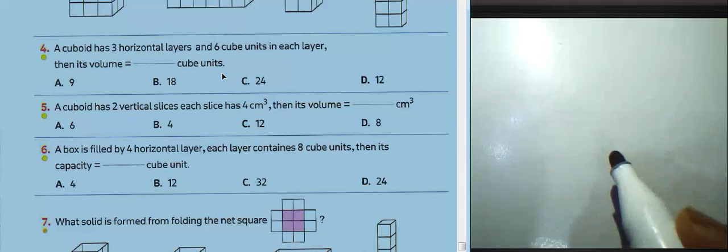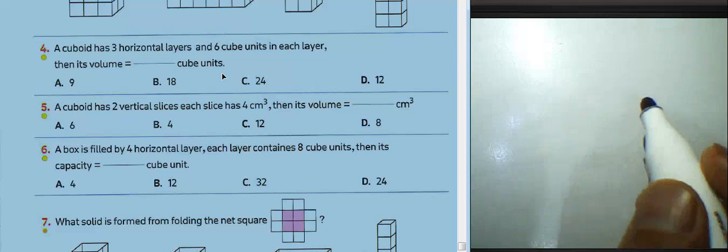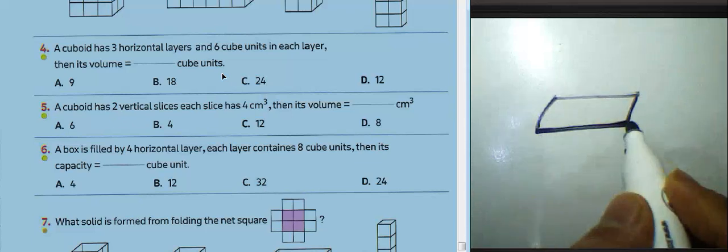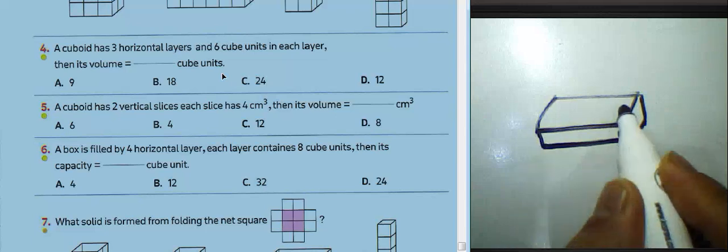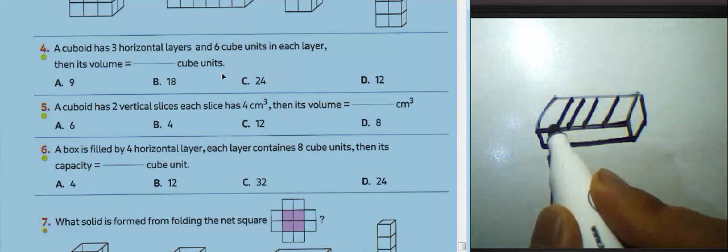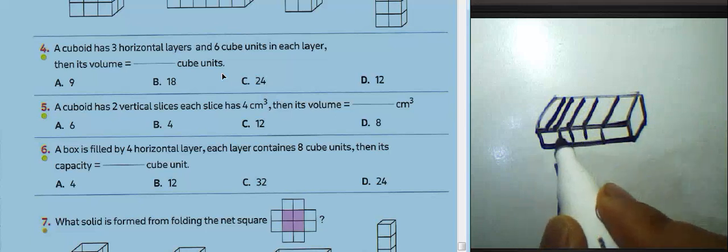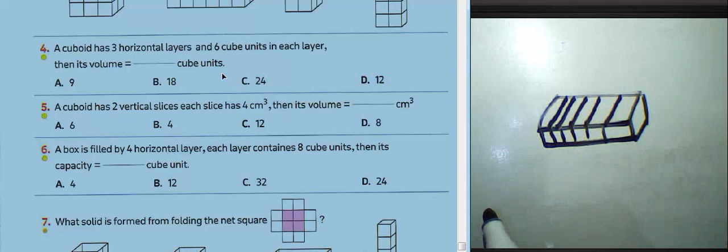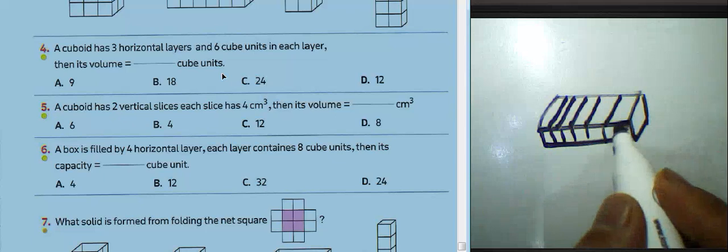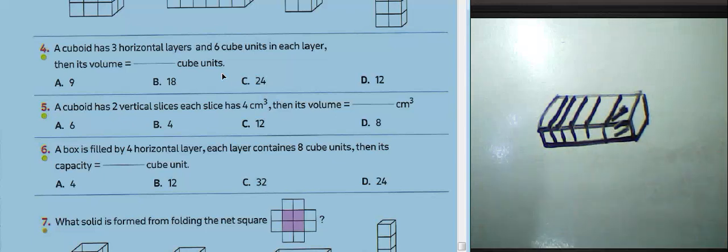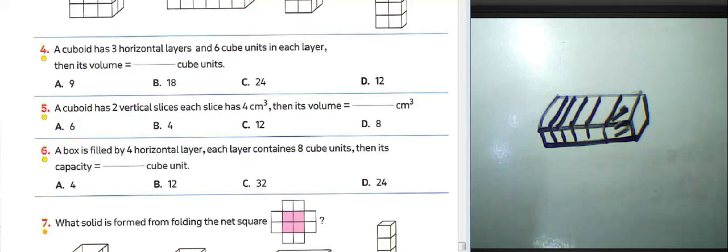We have a cuboid with a horizontal layer of 6 cube units. 1, 2, 3, 4, 5, 6. 3 horizontal layers and 6 cube units in each.